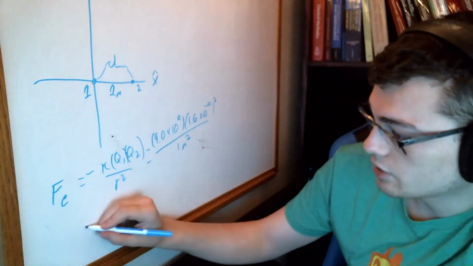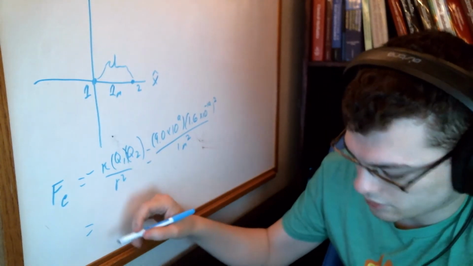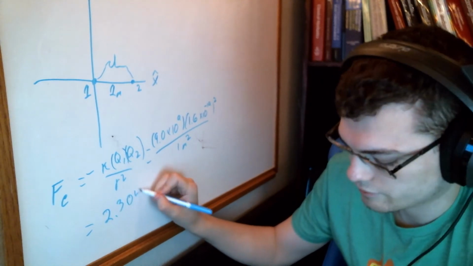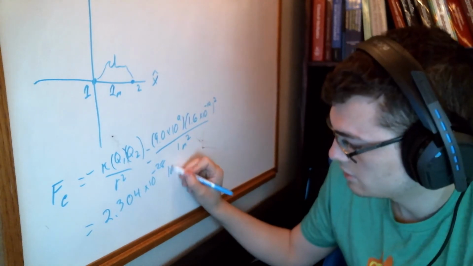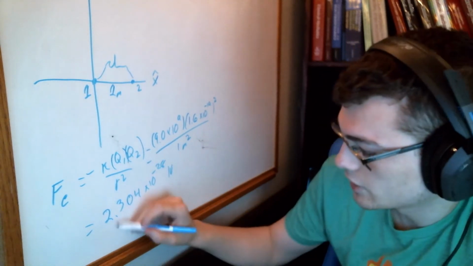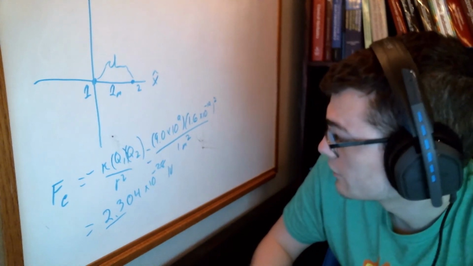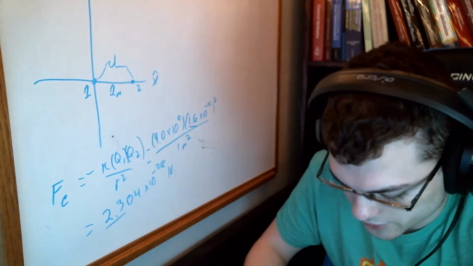You can run this calculation on your calculators, say during a homework or exam, and this will give you 2.304 times 10 to the negative 28th newtons. You can abbreviate this to just 2.3 if you want to take significant figures into account, because our sig figs are going to be from 1.6.